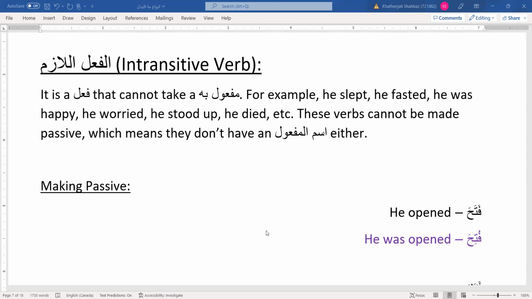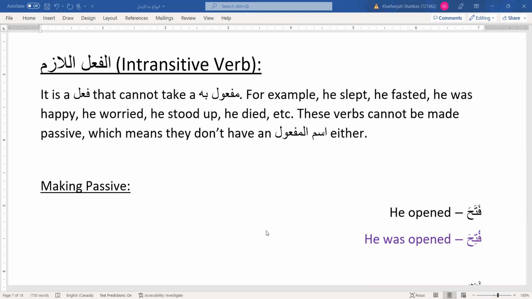But actually there is a special method by which you can change al-fi'lul lazim into passive voice. There is one, and that is what we are going to learn. That is the objective of today's lesson: how to change al-fi'lul lazim into passive, how we can make it passive.